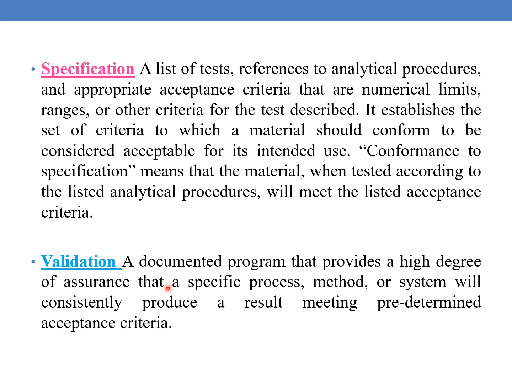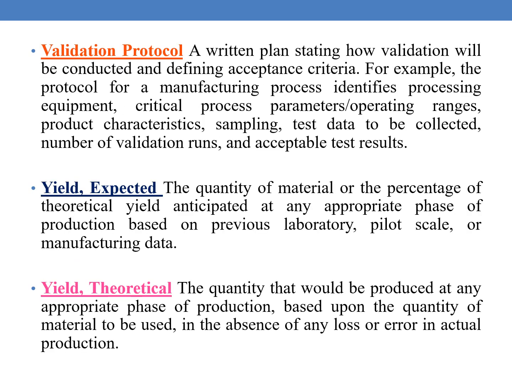Coming to validation, a documented program that provides a high degree of assurance that a specific process, method or system will consistently produce a result meeting predetermined acceptance criteria. Coming to validation protocol, a written plan stating how validation will be conducted and defining the acceptance criteria is considered as validation protocol.